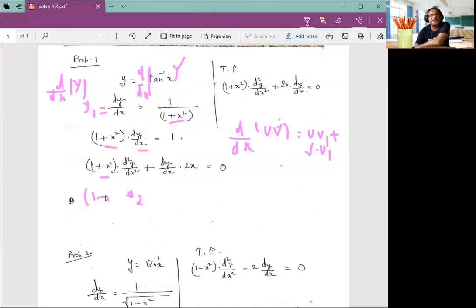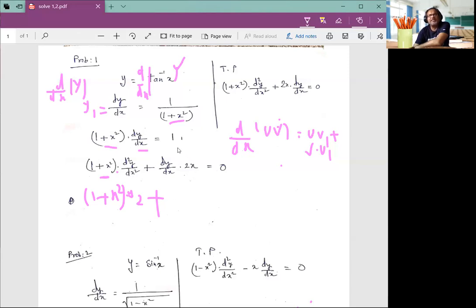Plus second unchanged times derivative of the first. Now this is the second function, this is unchanged here. Now the derivative of this first function: the derivative of 1 is 0 and the derivative of x square is 2x. So here it is 0 plus 2x, that is 2x.